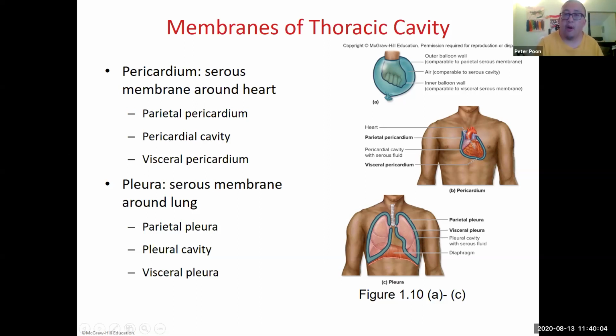The outer layer around it is going to be the parietal pericardium. So visceral pleura is going to be a layer right around the lungs. Parietal pleura is going to be the outside layer, and in between that is going to be the pleural cavity.